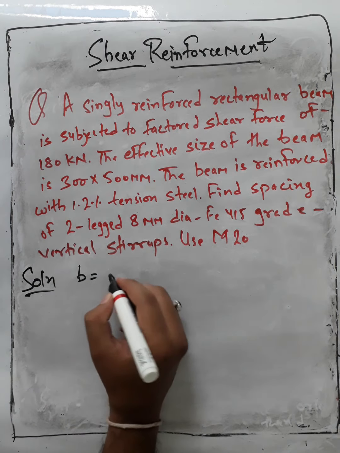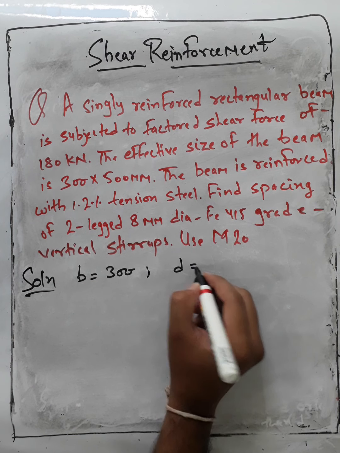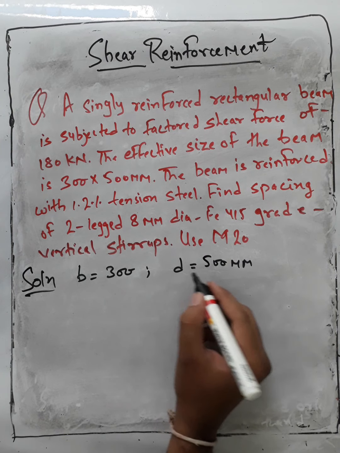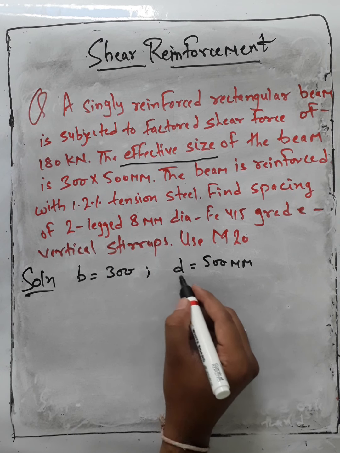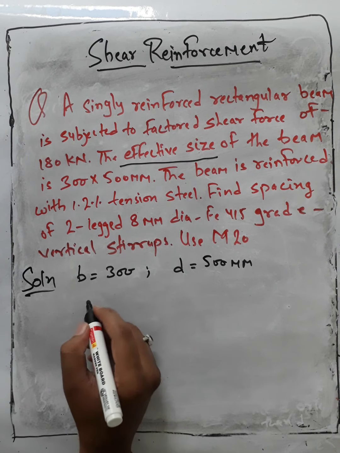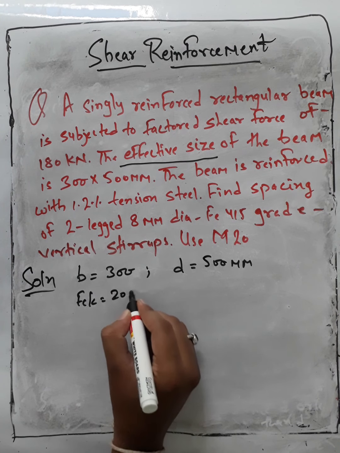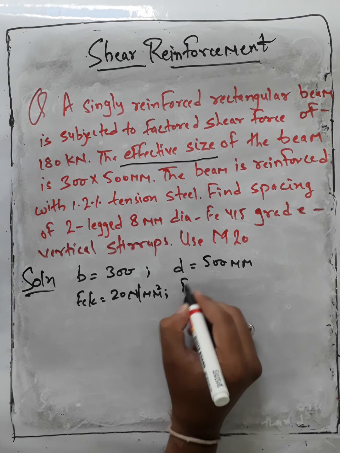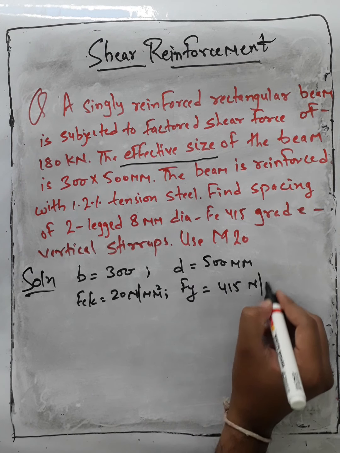We have given b is equal to 300 mm, d is equal to 500 mm. Here we write small d because we have been given the effective size, so that is the effective depth. So effective depth is equal to 500 mm. fck is equal to 20 Newton per mm square. fy is equal to 415 Newton per mm square.